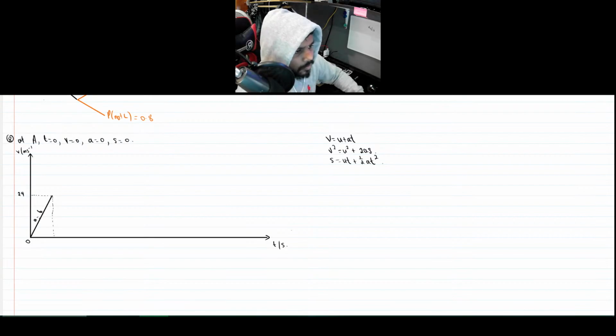I'm going to call it from O to A. From O to A, V is equal to u plus at: my final velocity, my initial velocity, plus 6t. So 24 divided by 6 is 4. So t is equal to 4. So this is 4 seconds here.